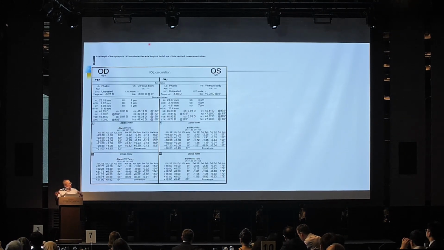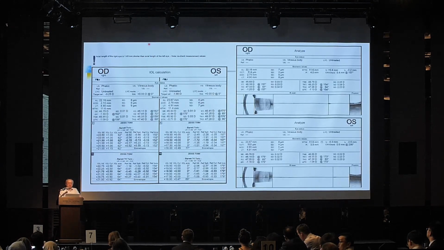Because sometimes, if it's at the low end, a 6 diopter, 5 diopters, with the other eye, you may find that you don't have that IOL of that particular model, then you have to start looking for another type of IOL.